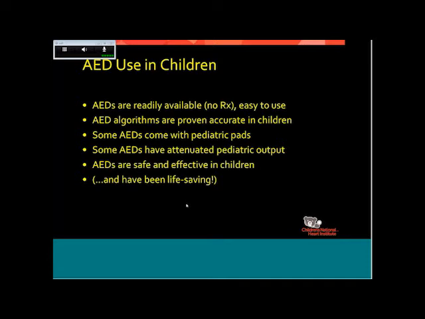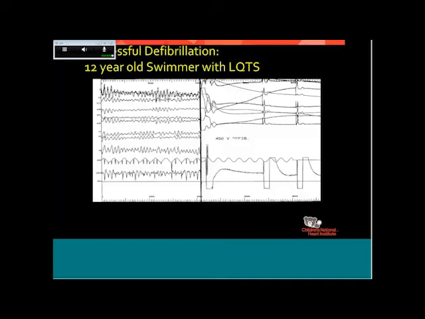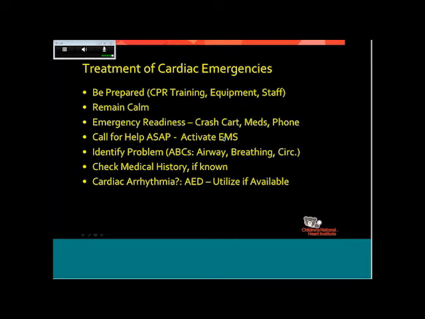They have been safe, and life-saving in any circumstances. A 12-year-old swimmer with long QT gets out of the pool, an AED pad is put on, it recognizes ventricular fibrillation in an unconscious patient pulled from the bottom of the pool, and shocks her back into sinus rhythm.